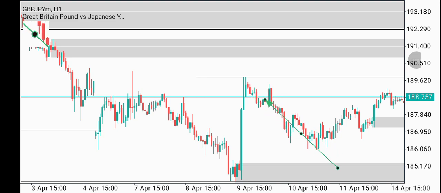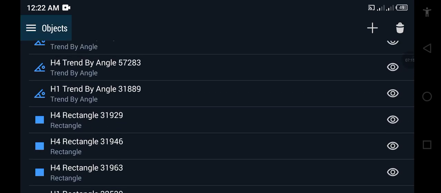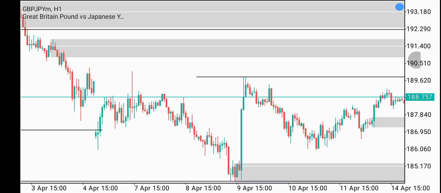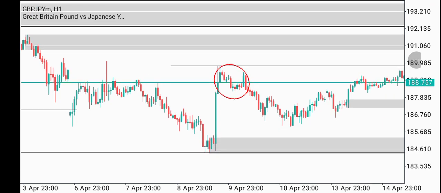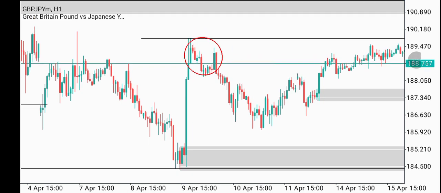This is a double top for me, signaling that the market wants to sell.